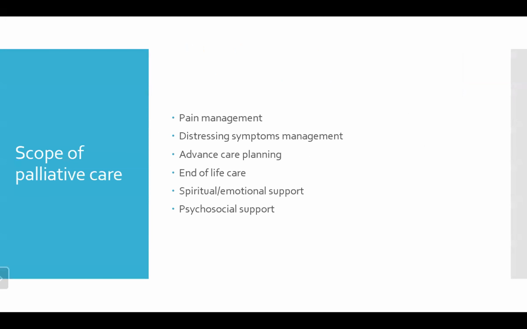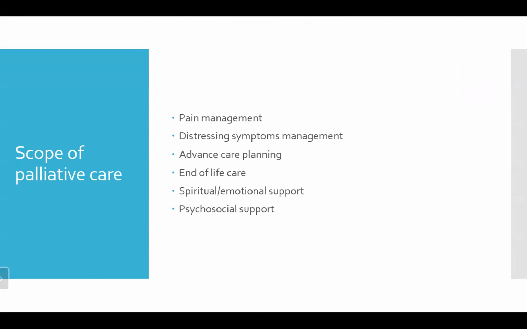So some of the things that we do in palliative care for our families and patients, and is what we'll go through in this ECHO program, is first of all, pain assessment and management of distressing symptoms such as nausea, vomiting, anorexia, dyspnea.